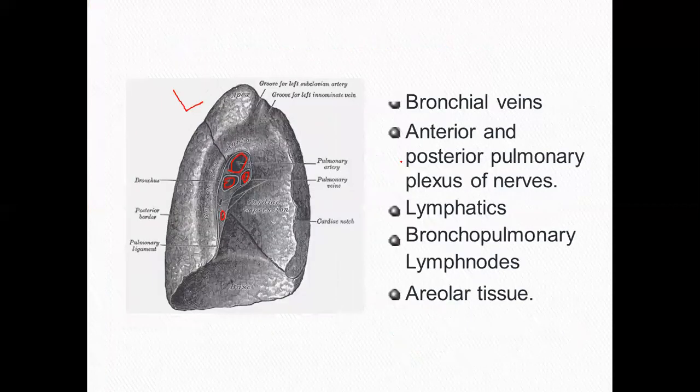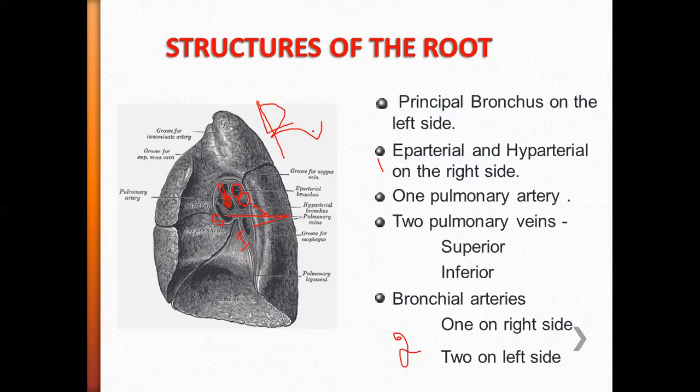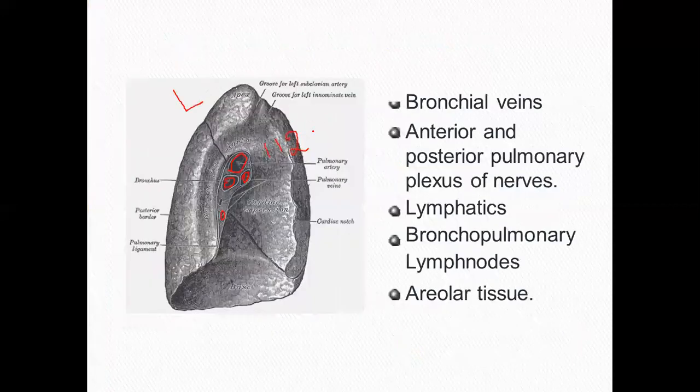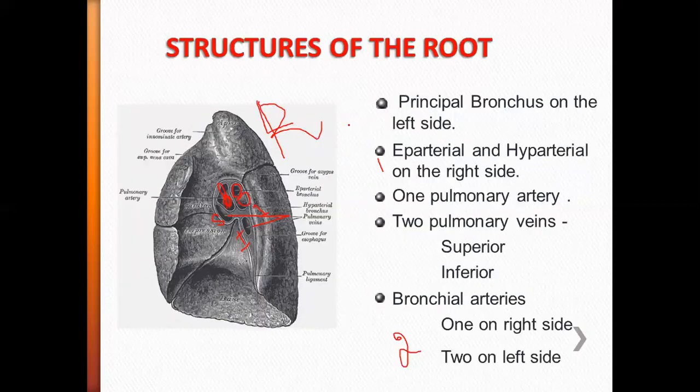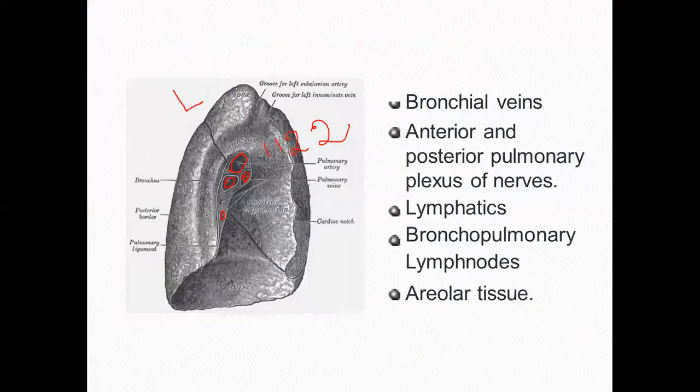Then in case of left side, we'll be having one bronchus, one pulmonary artery, two pulmonary veins, that is superior and inferior. Then we'll be having two bronchial arteries.